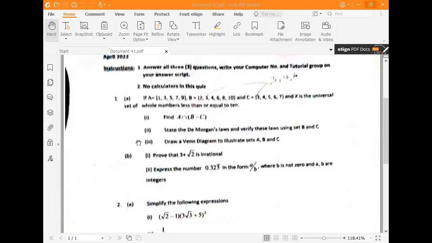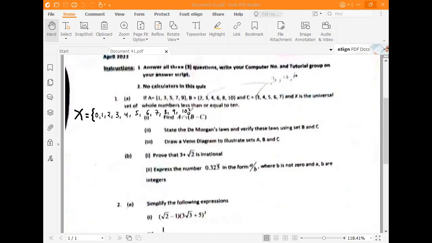So we can list X, so we're saying then X is equal to the set 0, 1, 2, 3, 4, 5, 6, 7, 8, 9, 10. And then A, B, C are already listed.